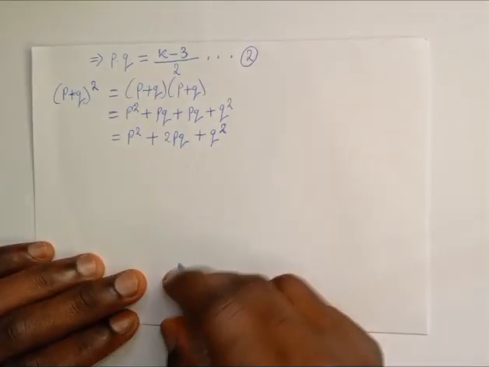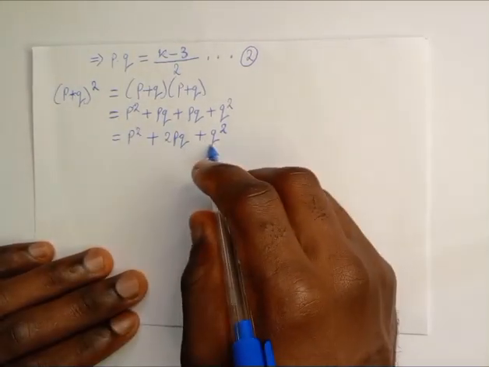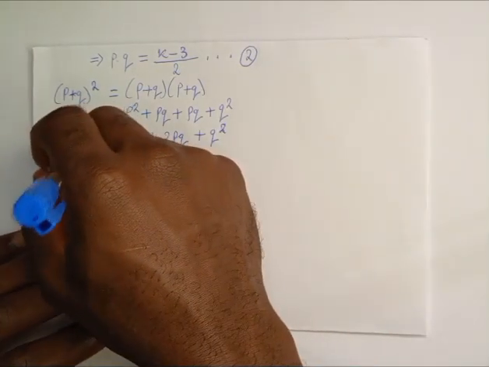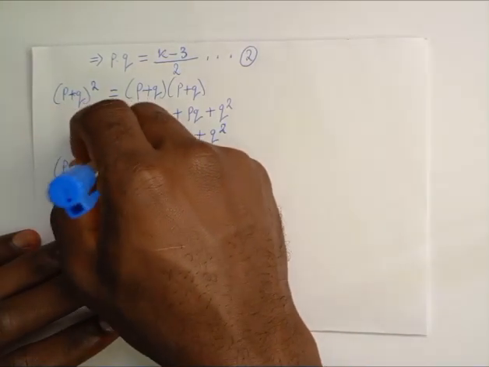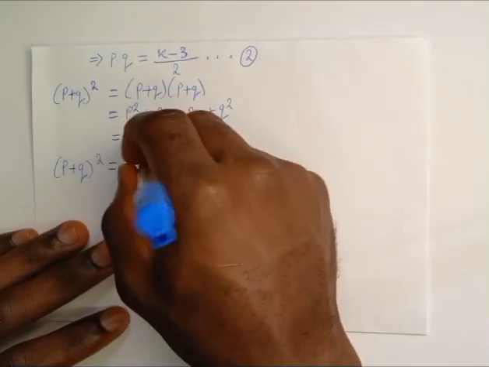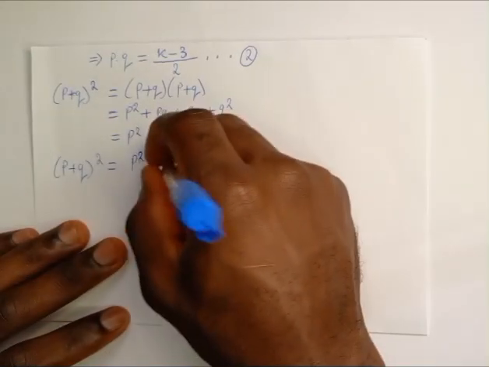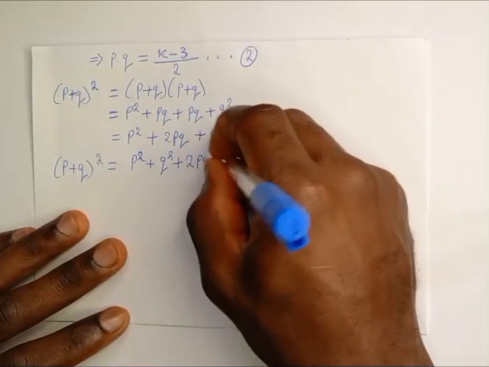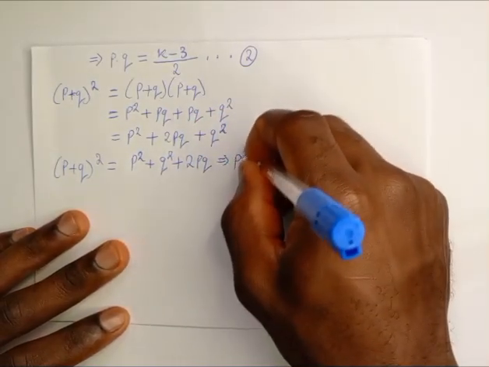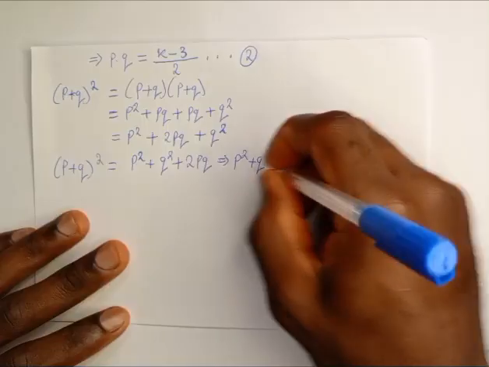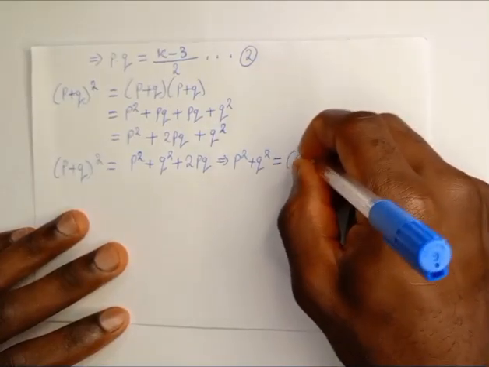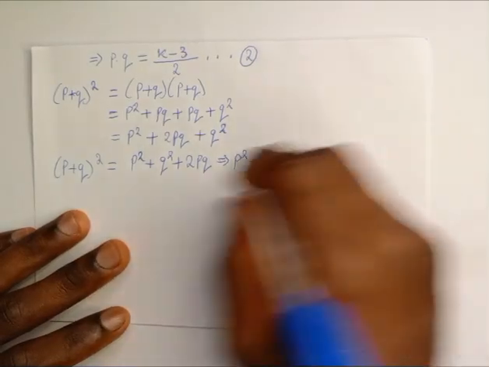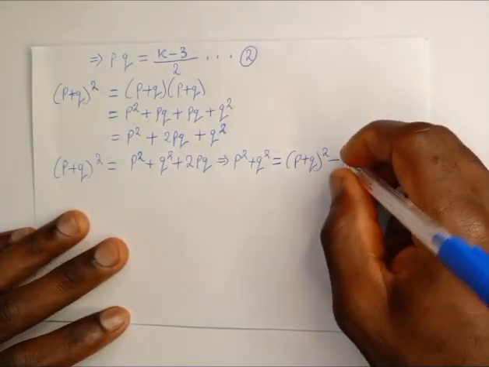Now we are going to proceed to find p squared plus q squared. If we make p squared plus q squared the subject of the formula, we have p plus q all squared is equal to p squared plus q squared plus 2pq. Then p squared plus q squared will simply be equal to p plus q all squared, minus 2pq, since when we transfer 2pq to the left, it becomes negative.